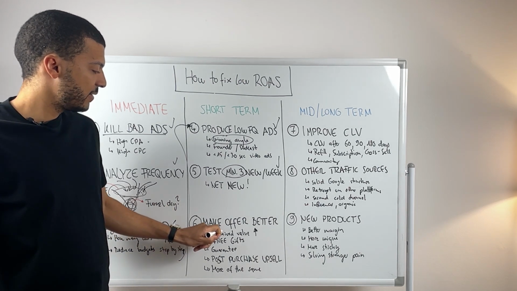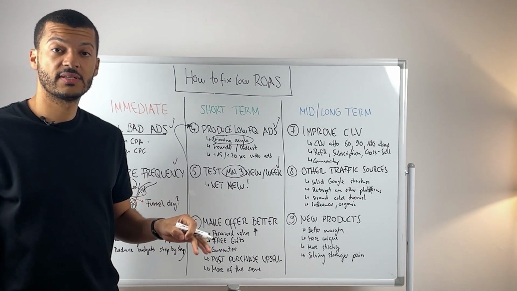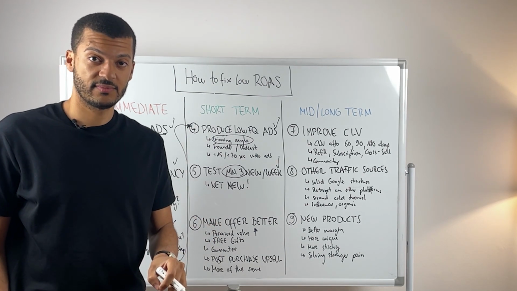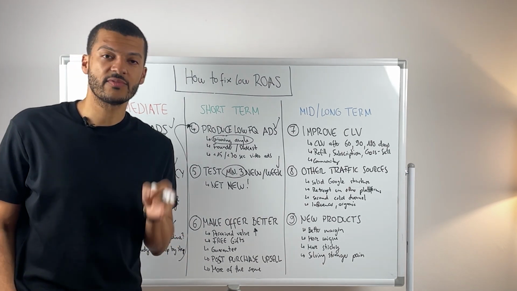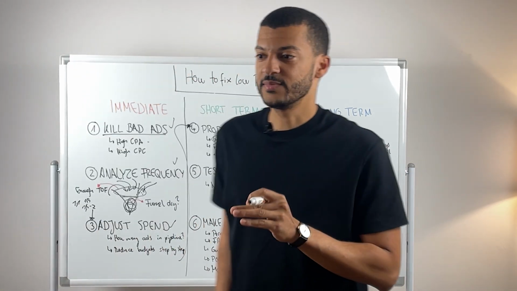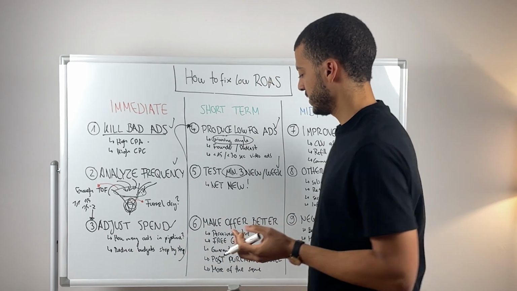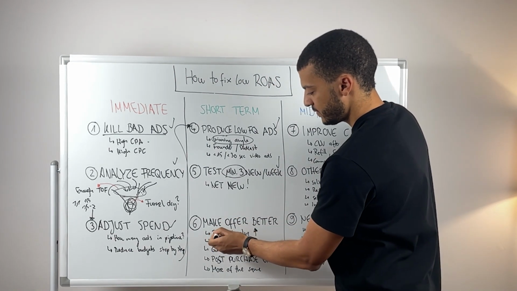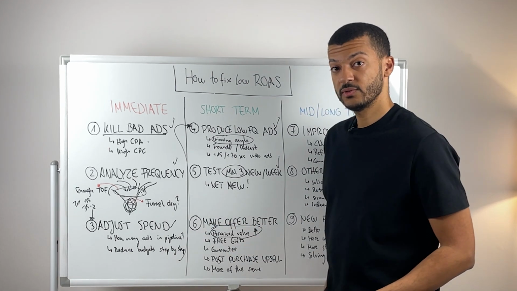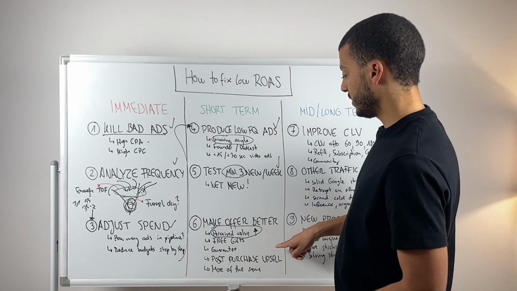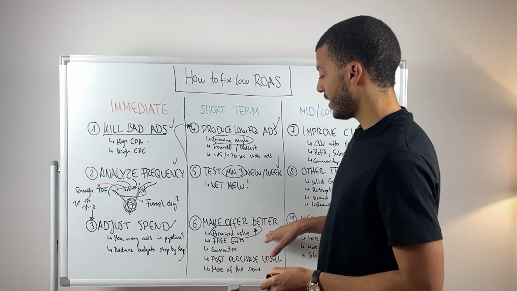You just make the offer so good that they will be stupid saying no. That's what I always say. It has to be so good that somebody from your target audience just cannot say no, right? And how do we do this? Very easily by increasing the perceived value while having the same AOV.